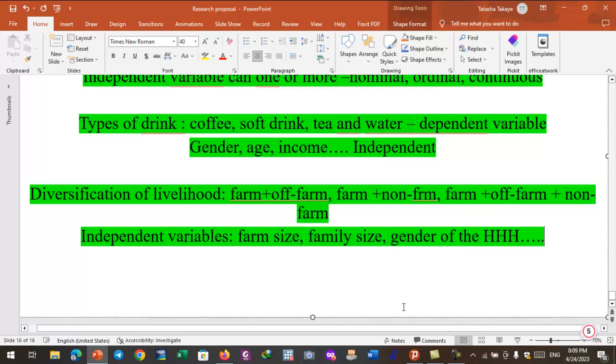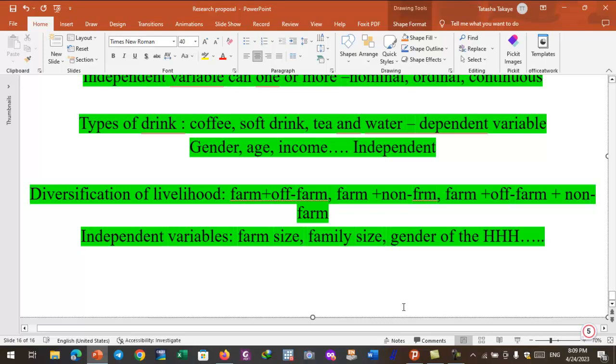We can take as many independent variables as we can, and our interest is to predict the preference of the diversification of livelihood options by the households.